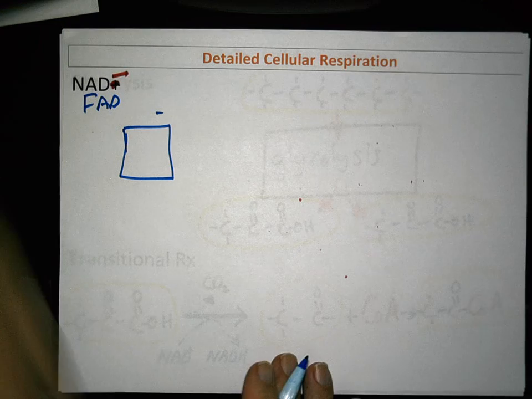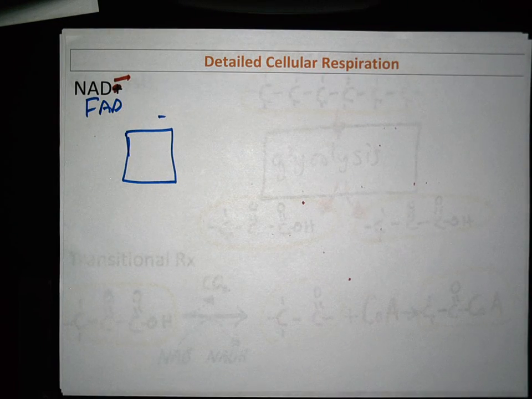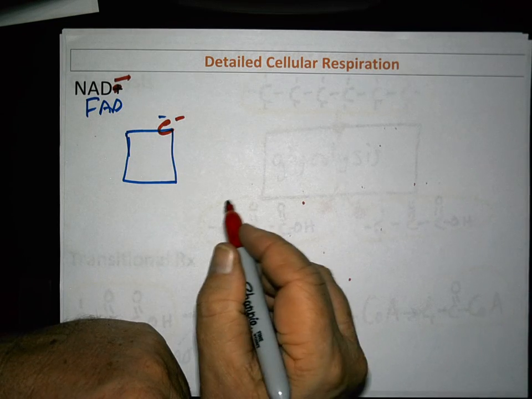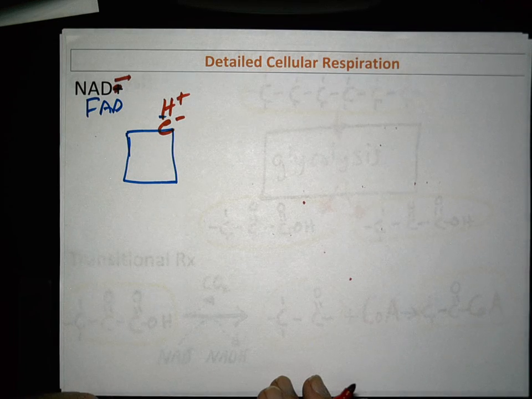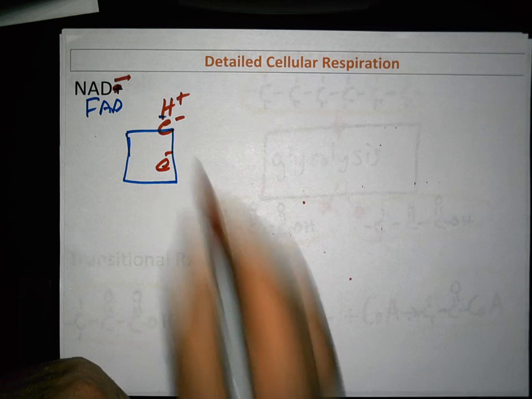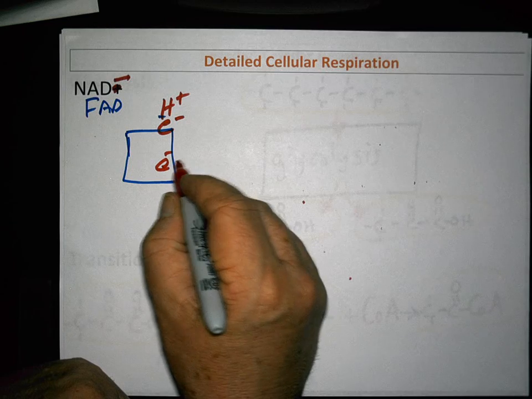It's a negatively charged molecule. It will receive an electron and its hydrogen atom. It'll also receive another electron and grab hold of that, and it'll carry with it its hydrogen atom.